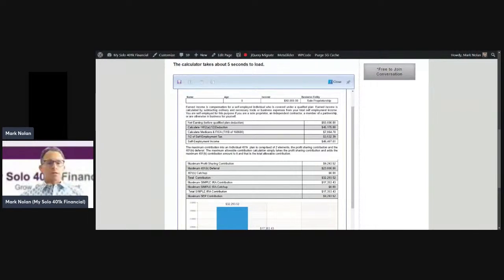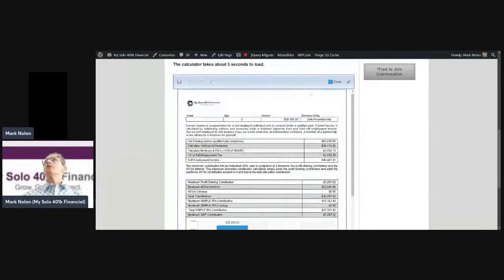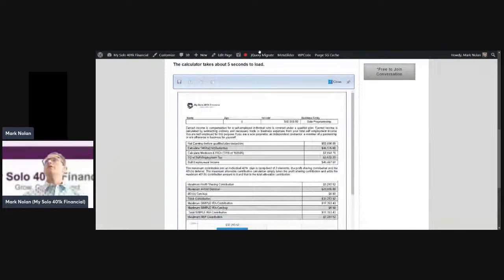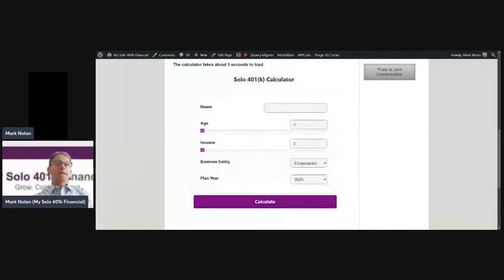Okay, let's do a calculation for tax year 2025. So for 2025, you're going to need at least $75,325 of line 31 Schedule C income in order to fully maximize the 70,000 overall contribution limit and voluntary after-tax solo 401k contributions for 2025.